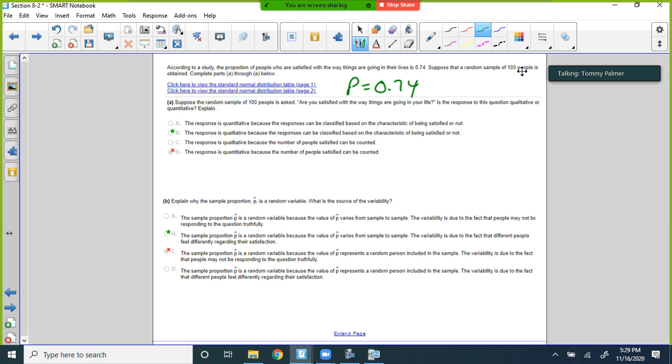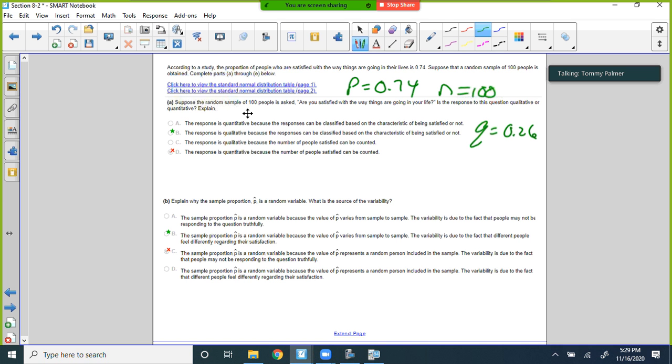Suppose that a random sample of 100 people is obtained. Now, we know that q better be 0.26, the proportion of people that are not satisfied with how things are going in their lives.